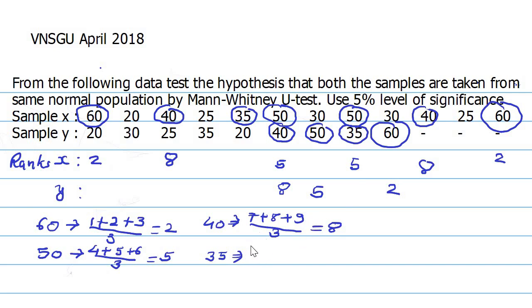So after 9, since 35 is appearing twice, the next two ranks will be 10 and 11, and the average of these two will be equal to 10.5.